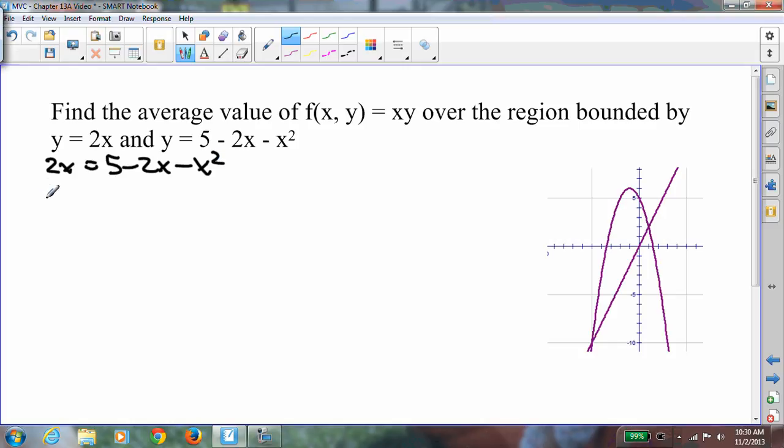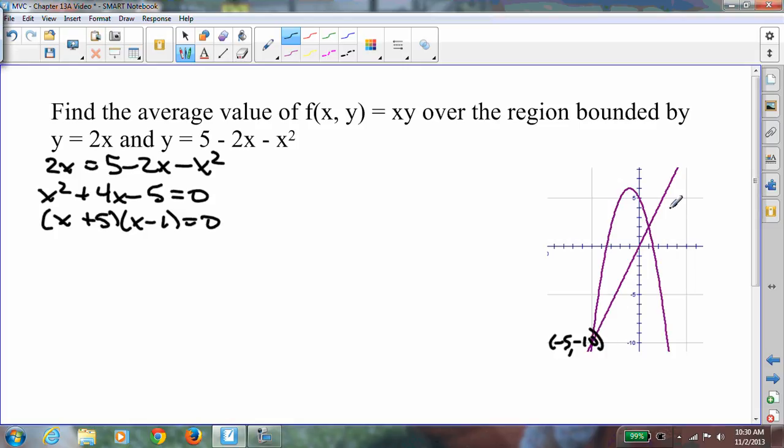Solving this out, I get x squared plus 4x minus 5 equals 0. Factoring, (x plus 5)(x minus 1). So it looks like they intersect at 1 and negative 5. Down here, this is the point (negative 5, negative 10). And up here, we have the point (1, 2).